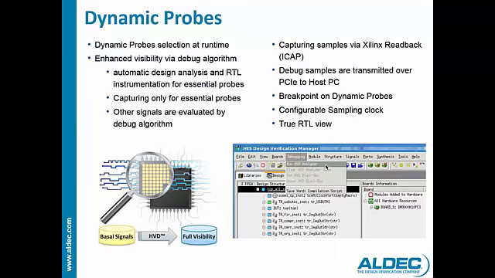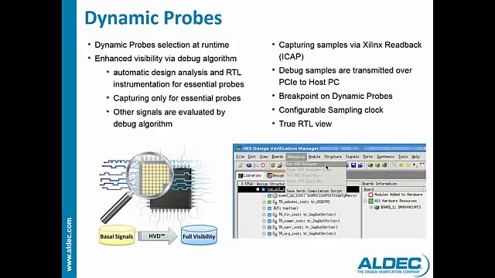Moving on to dynamic probes. These are used in conjunction with static probes. As we've said, static probes usually hone in on the issue, and then a breakpoint is set to stop the emulator. Then the dynamic probes can be enabled. They give you full flexibility of what you want to debug.